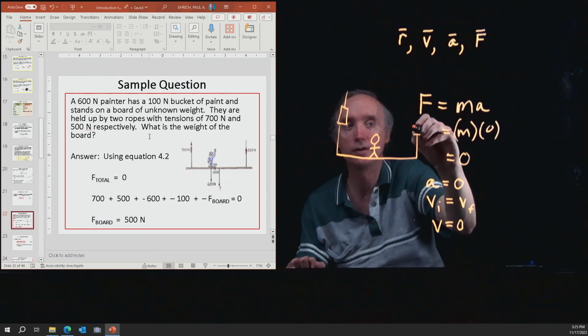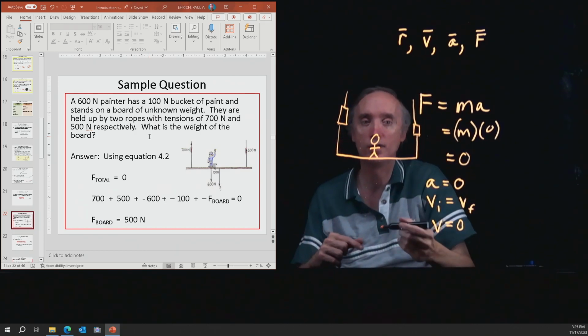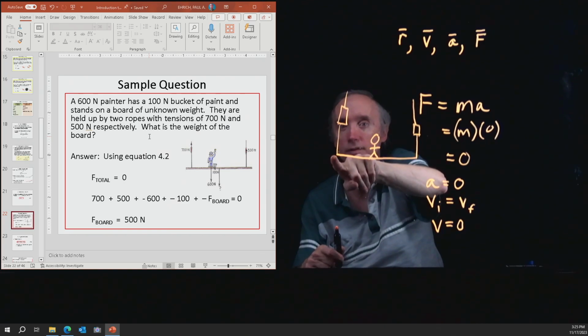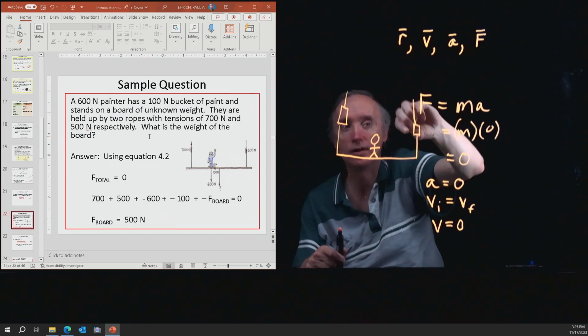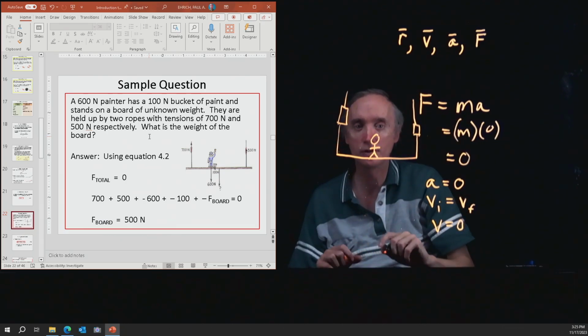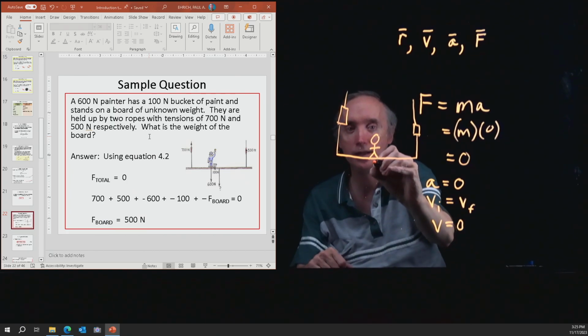So this wire is attached to a spring scale so that you can tell how much force is holding up this side by looking at the number on this, and then you can tell how much force is holding up this one over here.